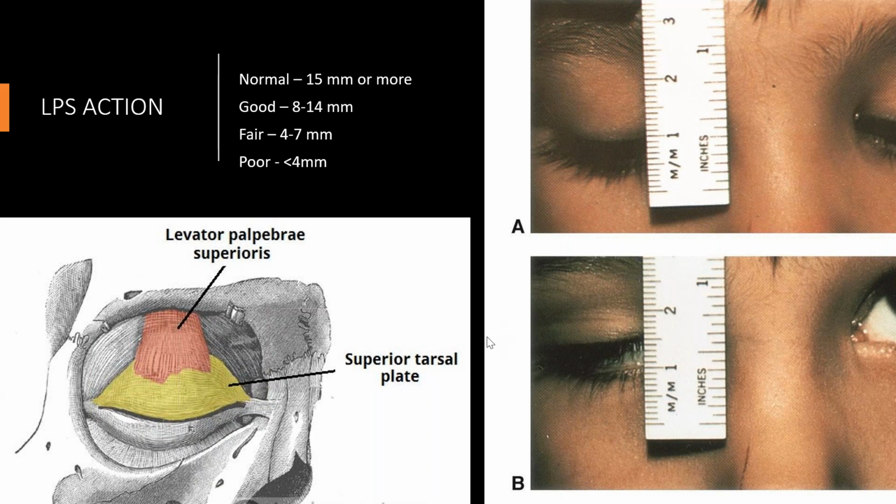Okay, and also somebody is asking about Bell's phenomenon. I don't have an image of it; I'll show you an image in the next class, but for now I'll tell you how to do it. You hold both the upper eyelids and elevate them actively yourself, and then you ask the patient to forcefully close the eyelids against the resistance you're giving by pulling up both eyelids, right?